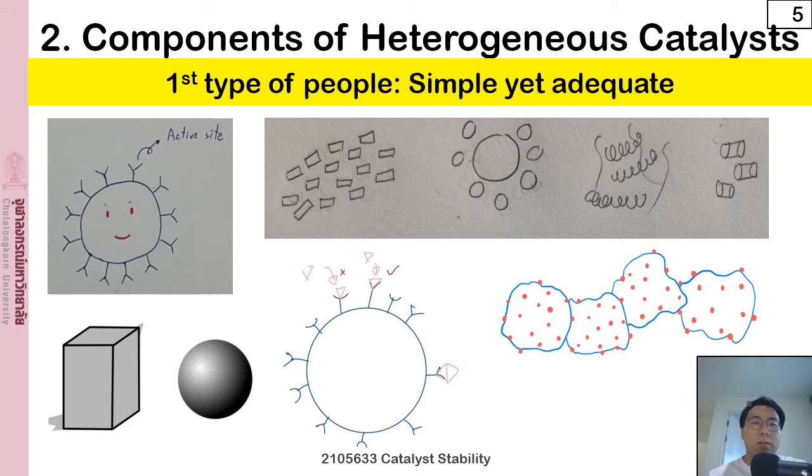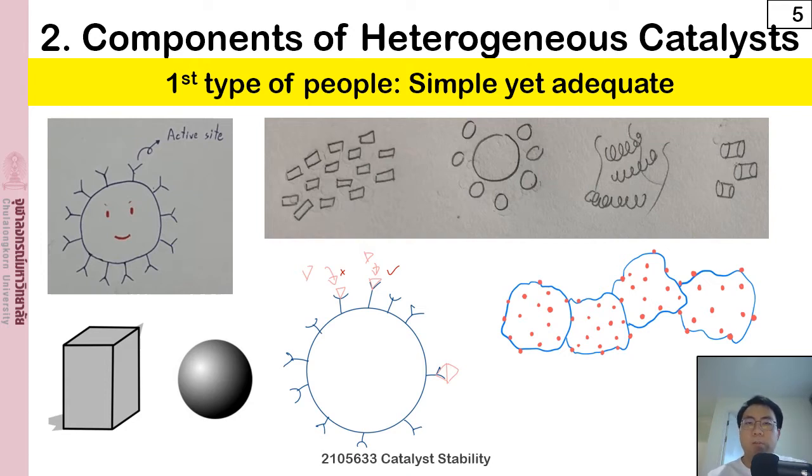The first one on the top left is a particle that looks like a coronavirus, but still he added enough information to represent it as a catalyst. So he added the active site as the spike on the spherical model.